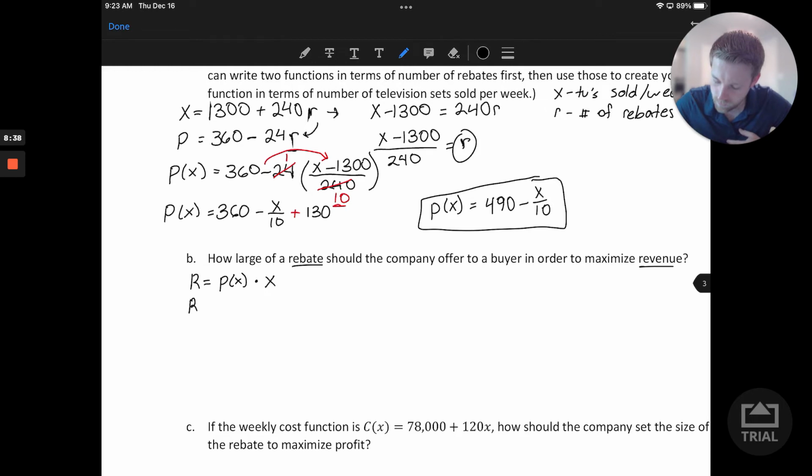So revenue is going to be my price equation times my quantity x, that's the number of television sets sold. Doing a little distribution, we can have that our revenue, we could call that R of x, or just R here, is going to be 490x minus x squared over 10.